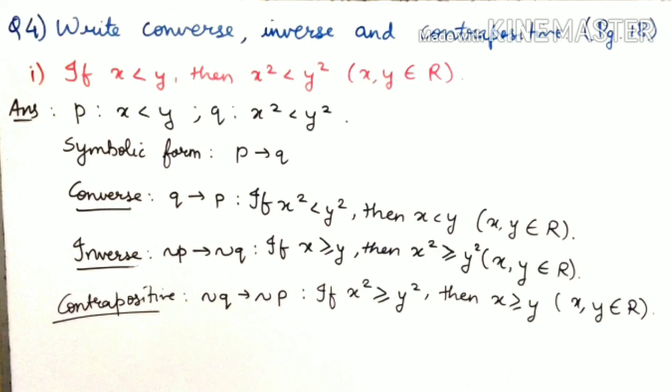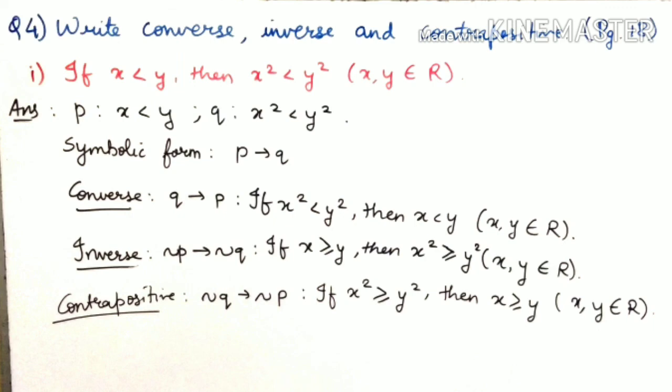The next is inverse. The symbolic form is negation P conditional negation Q. Now here x less than y, its negation is x greater than or equal to y. Therefore, the inverse is, if x greater than or equal to y, then x square greater than or equal to y square.